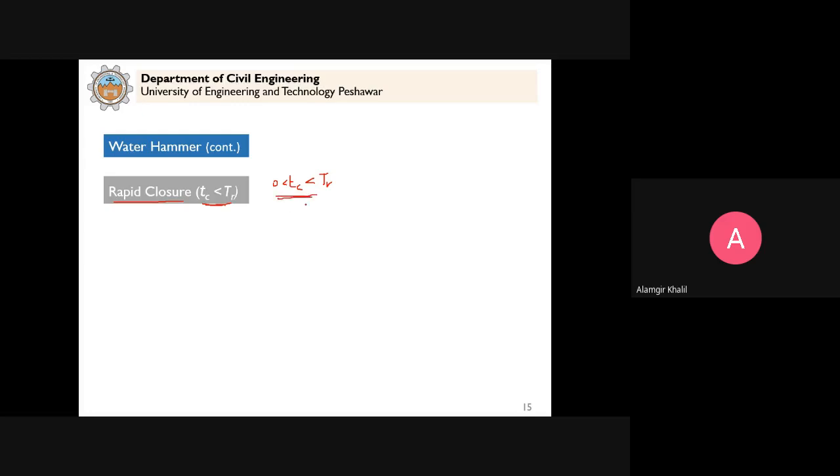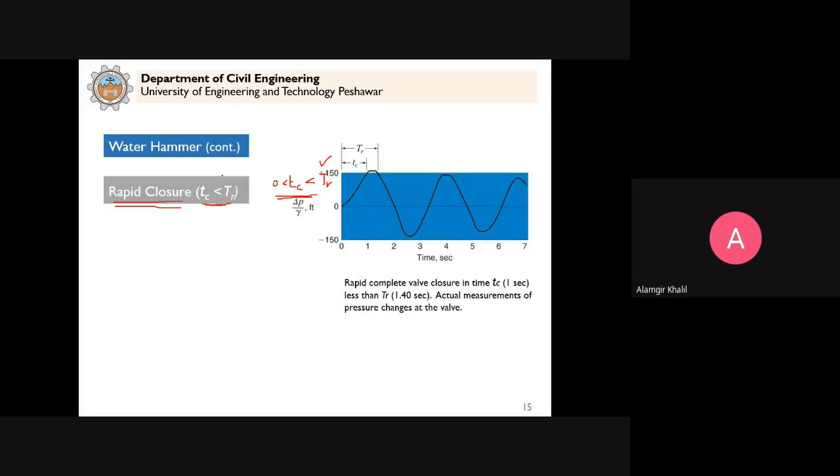So it means that now we close the valve in a certain finite time which is greater than 0 but less than this round trip. So this is known as rapid closure. Clear? Now in this case, this is the diagram which is shown for the rapid closure for an actual experiment. This is actual data.